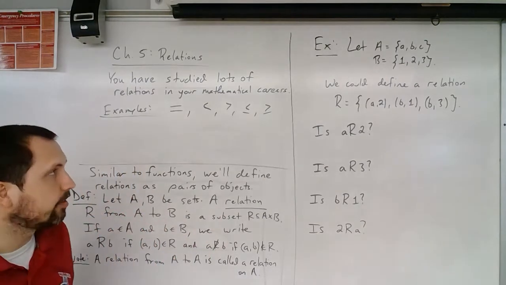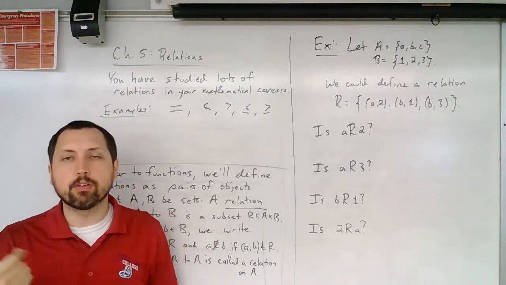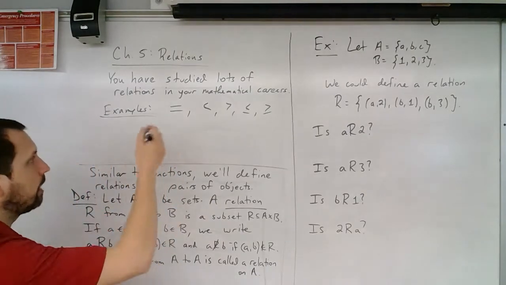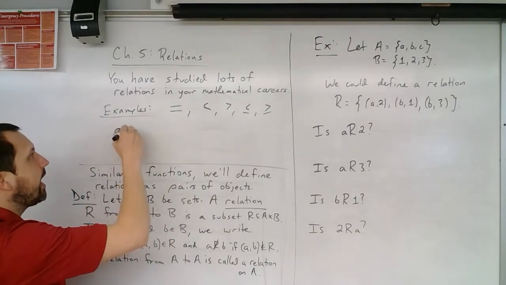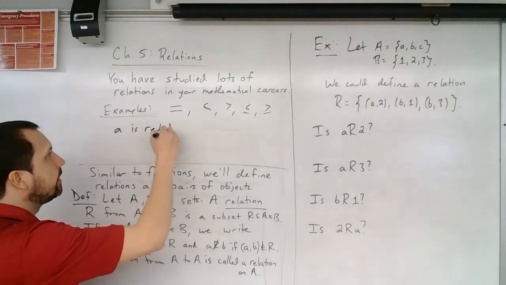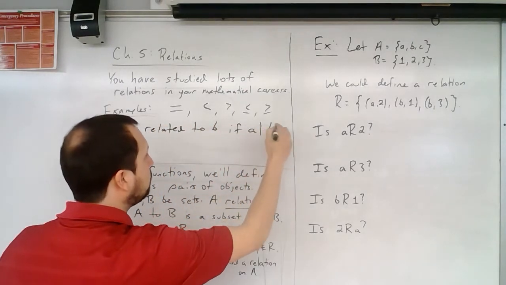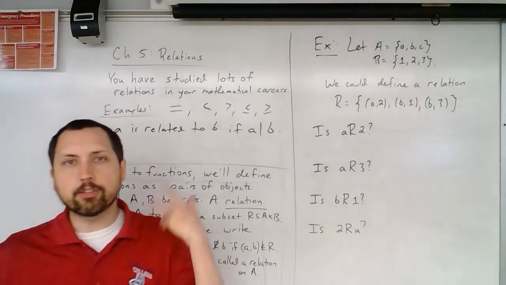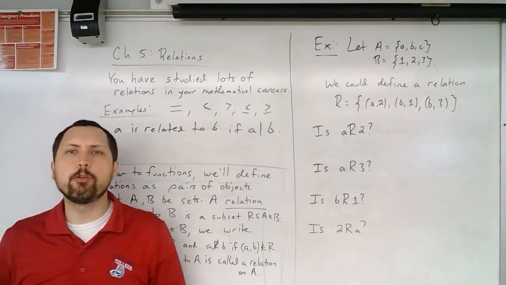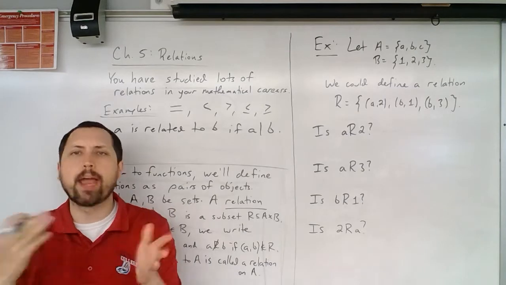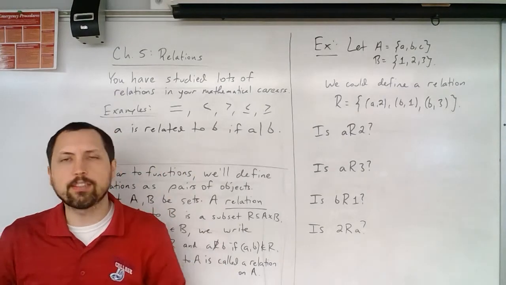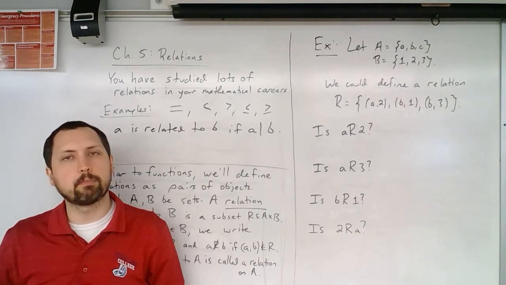Now, in this class, another example of a relation would be, say, A is related to B if A divides B. So you could talk about this relationship. Not just from a numerical standpoint of comparing numbers, you could also make statements about some type of property.